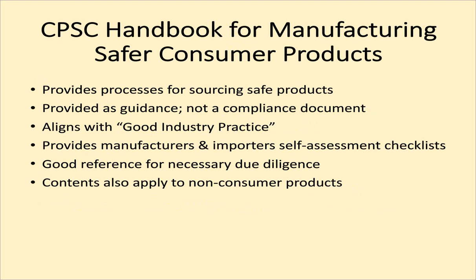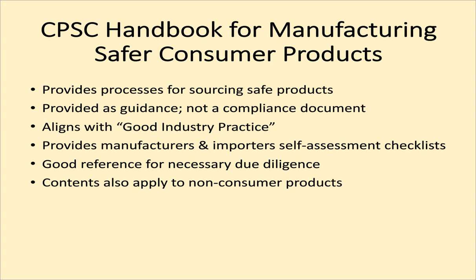The CPSC Handbook for Manufacturing Safer Consumer Products is a pretty decent document. It provides defined processes to allow sourcing hazard-free products. It's provided as guidance, not compliance, so a manufacturer doesn't have to follow any of the content in the manual.